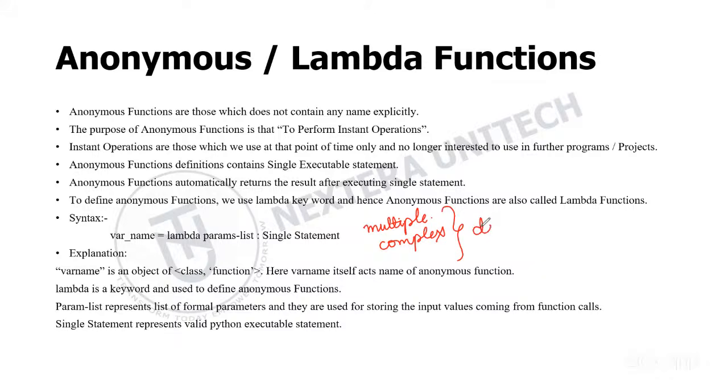You can use lambda functions when your logic is simple and you only need a single statement. In real life, you can use these for sorting your data, filtering lists, quick calculations, and also data processing.